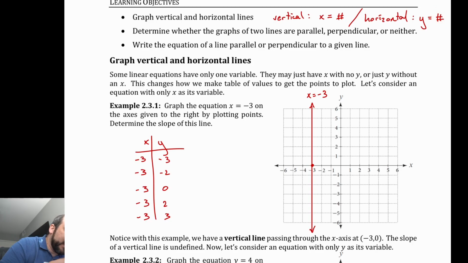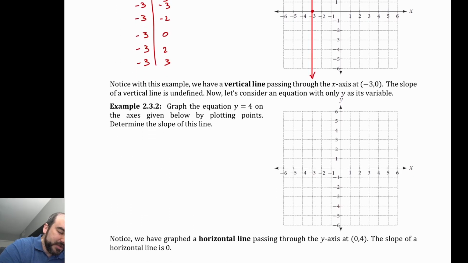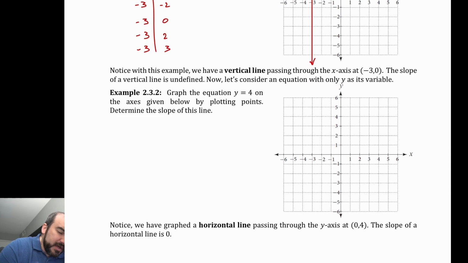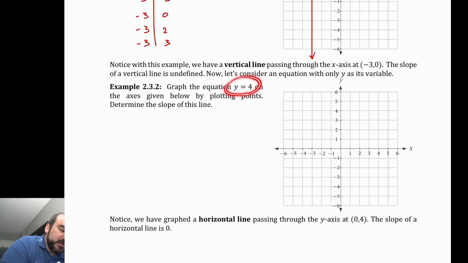So if we look at the next example on the page, y equals 4. We go to 4 on the y-axis, put a point, and then we have a horizontal line that passes through that point. This is y equals 4.